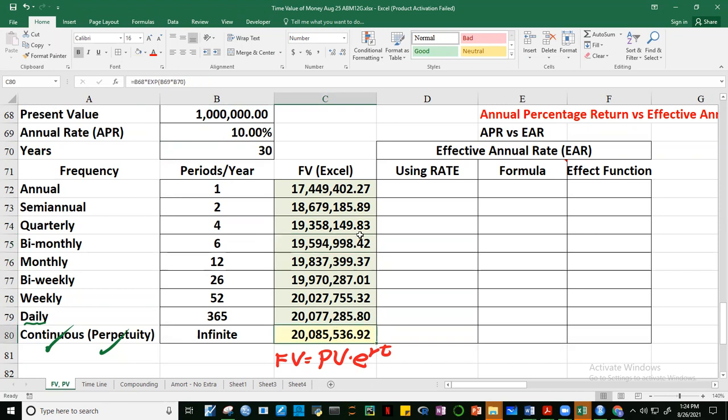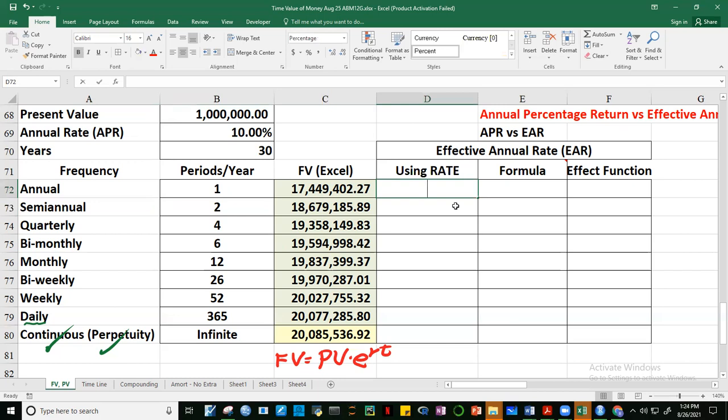So we call that the effective annual rate. So the effective annual rate, guys, will be bigger if your future value is bigger. So take note, they are all 30 years, all 1 million. The future value of this annual compounding is 17.4. This semi-annual is 18.7. So let's compute now for what we call the effective annual return or effective annual rate.